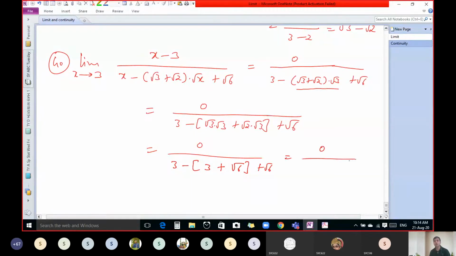And now if you open the bracket here, so we get 3 minus, because of this minus sign, if you open the bracket, sign will change and we get like this. So we can say that this 3 cut, minus root 3 plus root 6 cut, so we get 0 by 0. And once we have 0 by 0, we can say that x minus 3 is 1 factor.